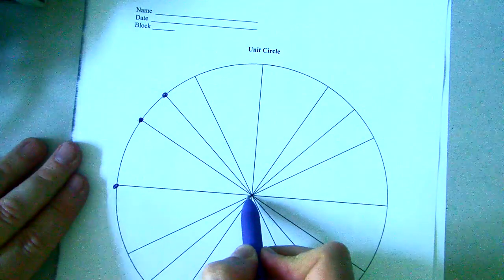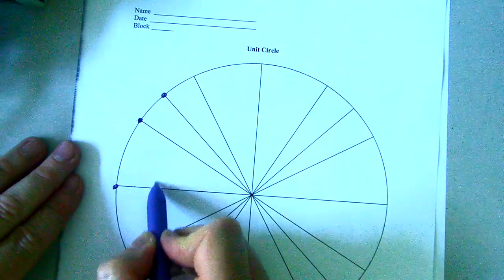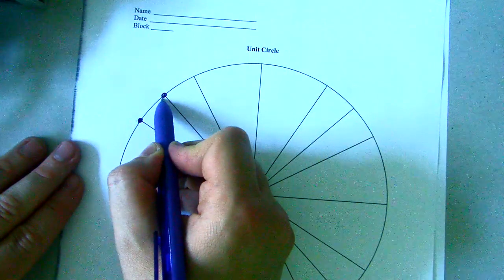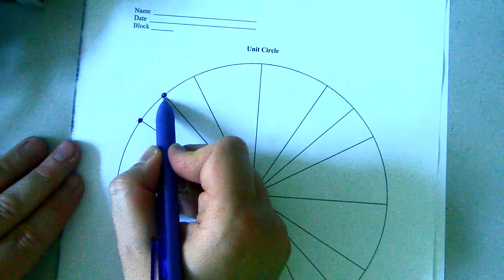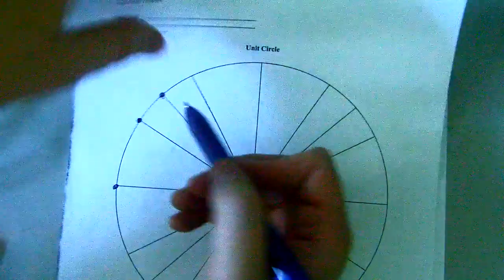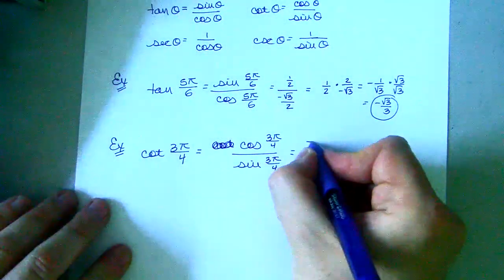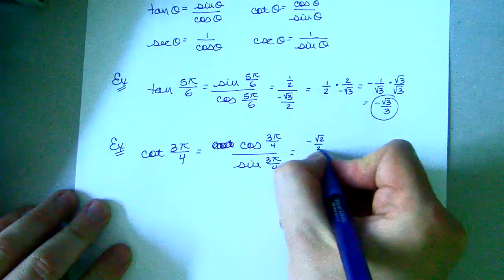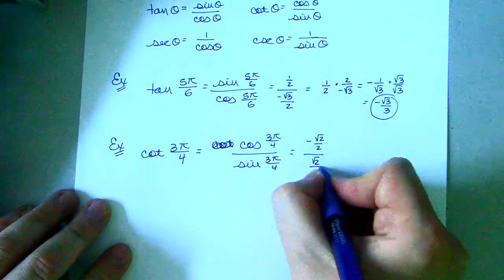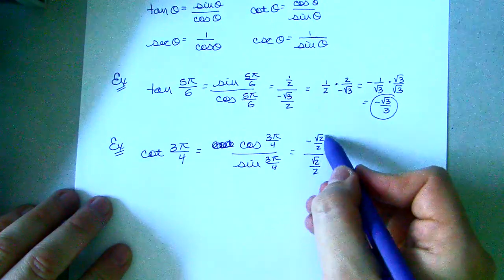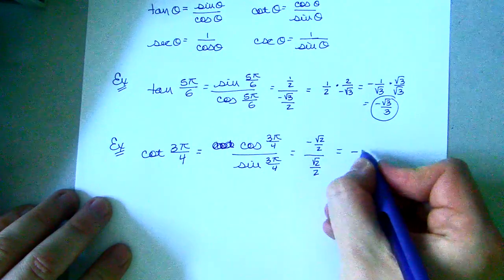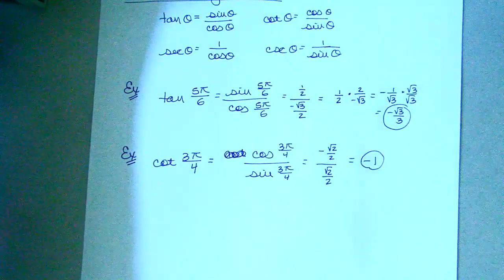The cosine is the x-coordinate. Moving to the left, I think that looks like -√2/2. The sine is the y-coordinate. I think that's +√2/2. So we can say this is (-√2/2) over (+√2/2). I could again multiply by the reciprocal, but I think I see these √2/2's are just going to cancel, and this is just going to be -1.